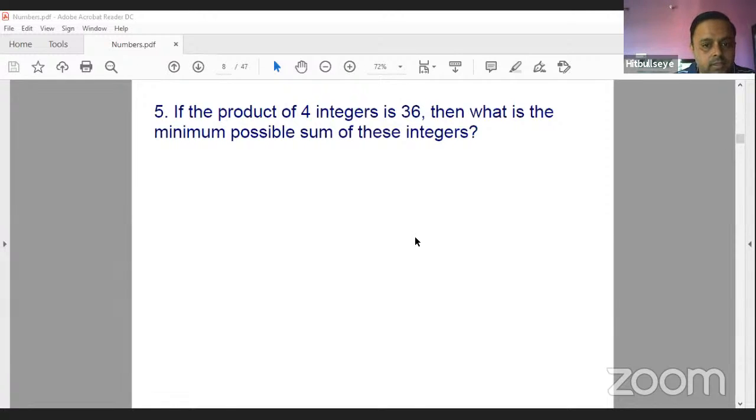Now the product of 4 integers is 36. What is the minimum possible sum of these integers?